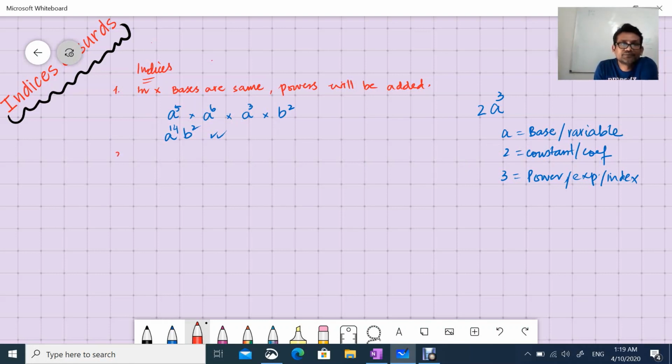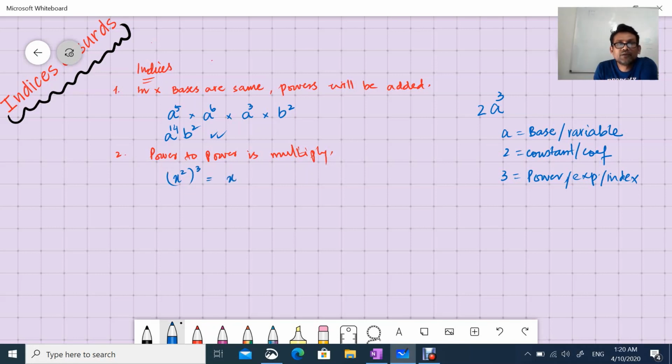Second law: power to power is multiplied. Power to power is multiplied. One example I can take: x power 2, the whole power 3.